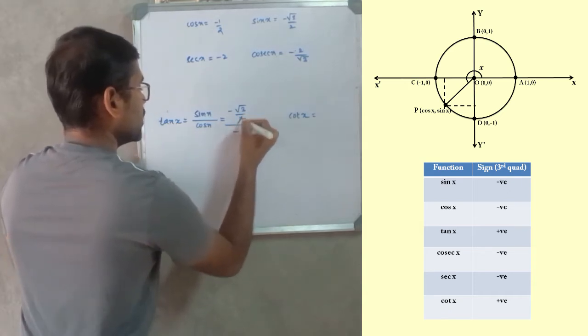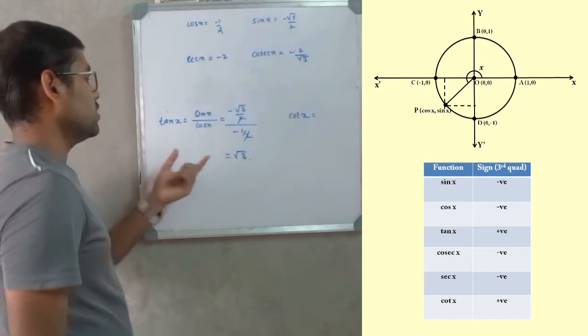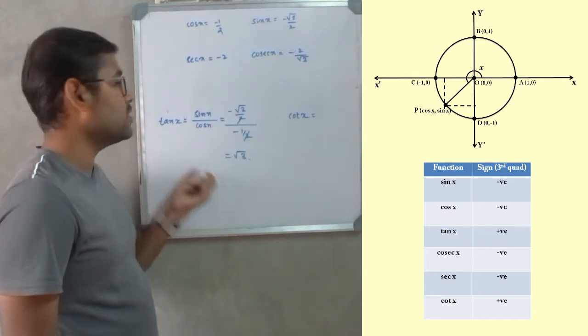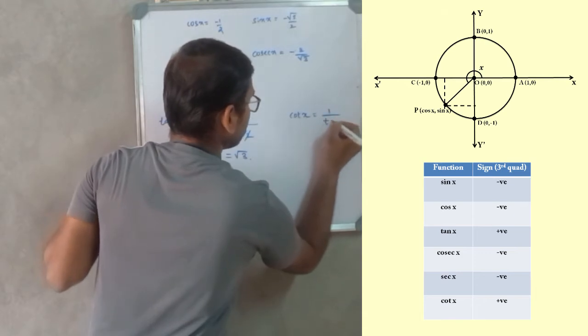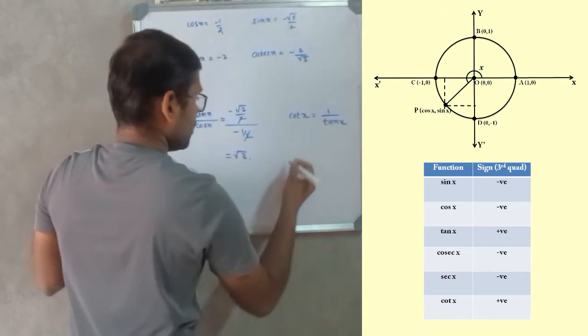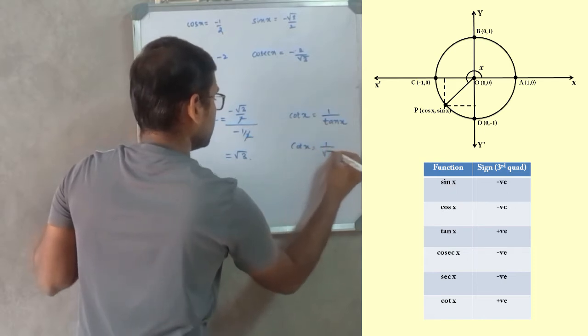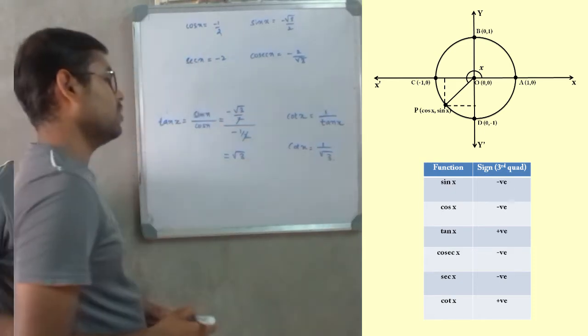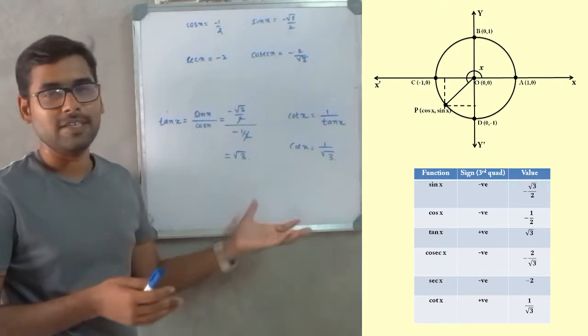Here 2 cancels, and the value of tan x is root 3. Similarly, if I know the value of tan x, I can easily find the value of cot x. Cot x is defined as 1 by tan x. So the value of cot x will be 1 by root 3. Guys, these are the values of the 6 trigonometric functions for the angle x, which lies in the third quadrant.